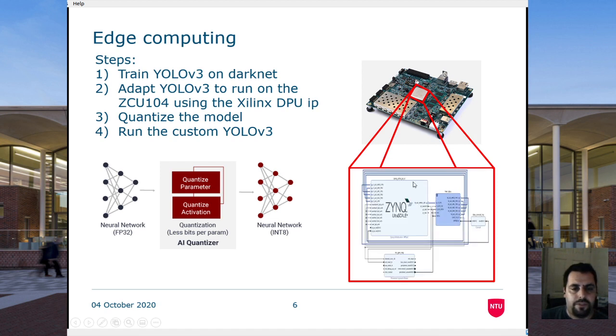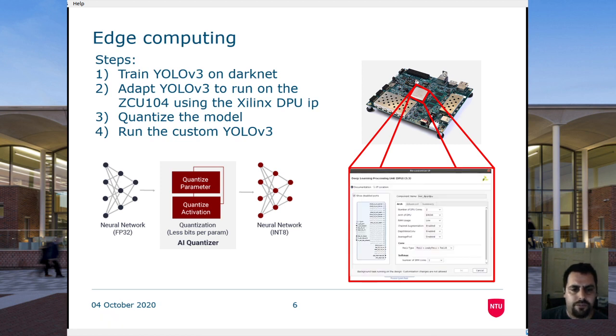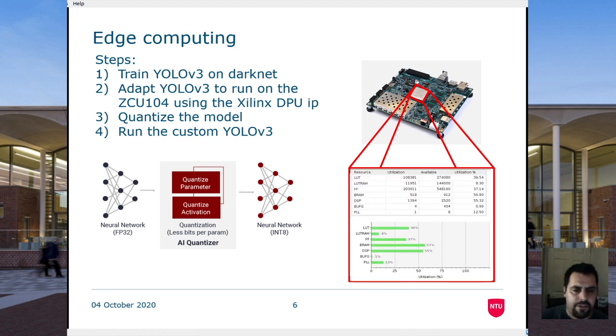So the first step is to design the DPU using the Xilinx Vivado. The second step is to parameterize the DPU to ensure that we are taking advantage of the space that we have available on the FPGA, and to allow us to optimize the algorithm to run on the FPGA.